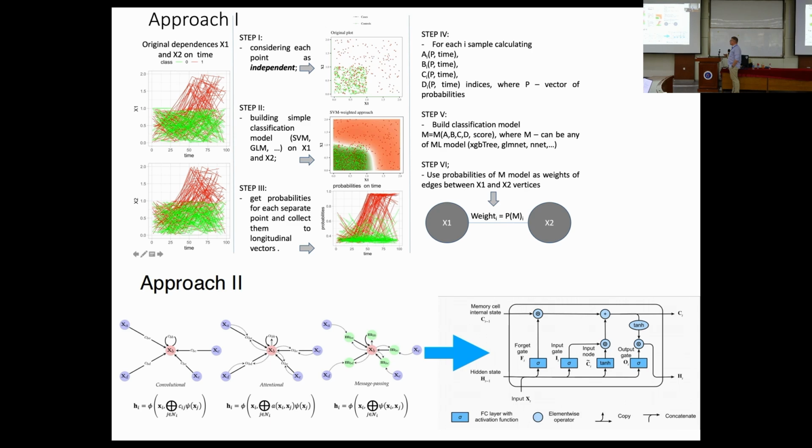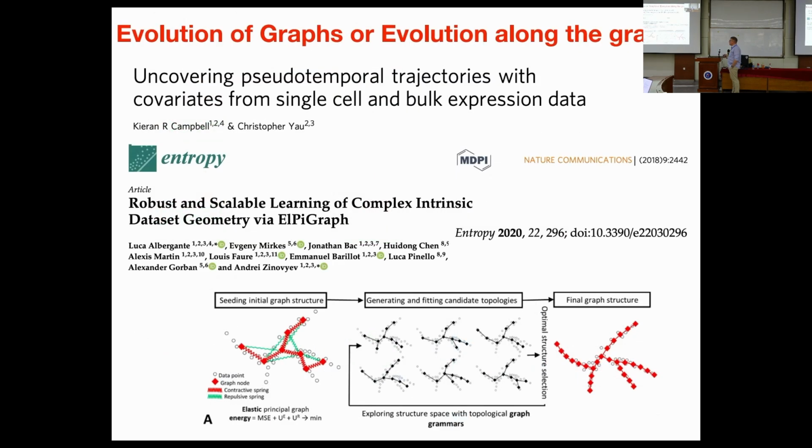Or we want to compare it with another technique, which is the methodology of principal graphs, developed by Zinoviev and Alexander Gorban. The idea is the following: this is a kind of nonlinear multidimensional generalization of the principal component algorithm. If you have a multidimensional space, and for example here healthy, and then these points develop to the unhealthy state, you can compute a trajectory.